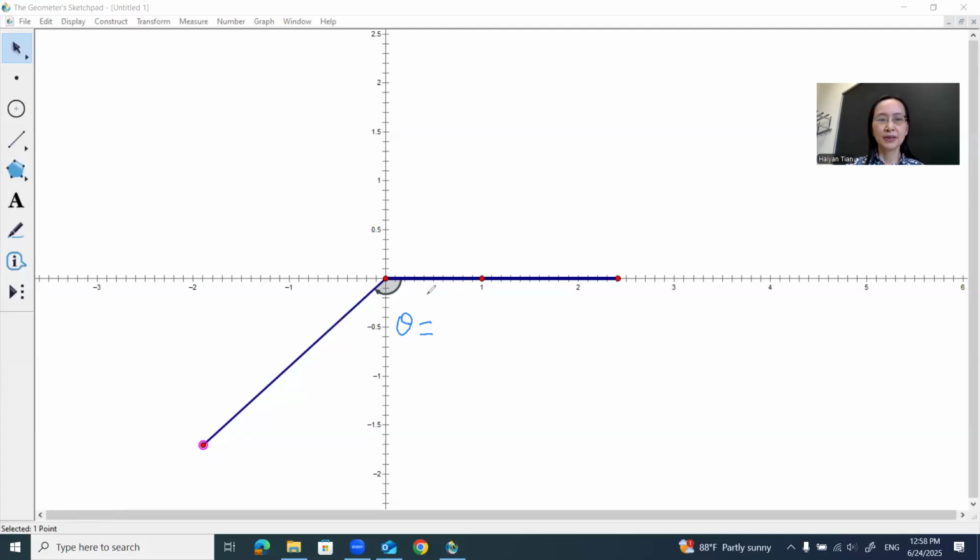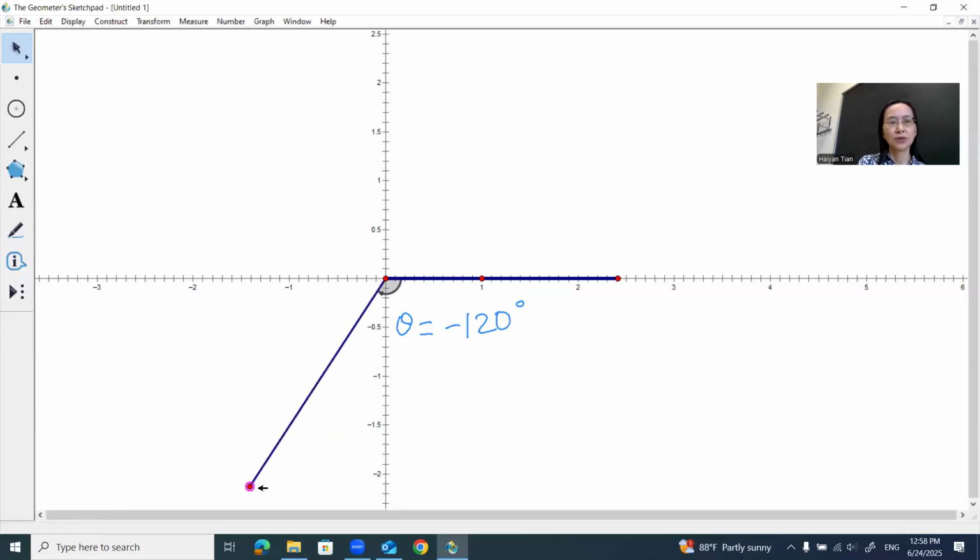Suppose we have an angle that is negative. Yeah, it is more negative than negative 90 degrees, right? So it is possible for you to see that it's in the third quadrant.